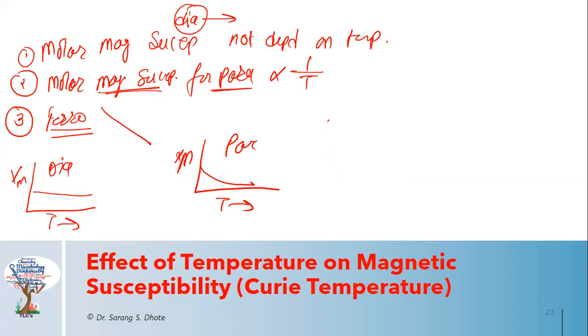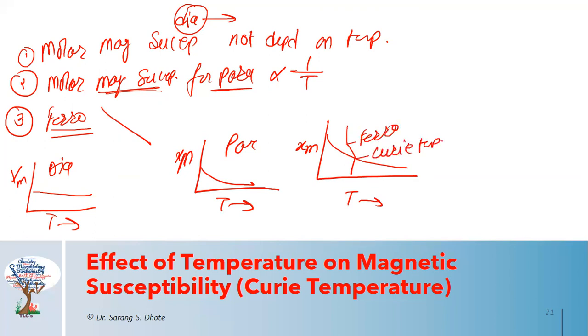But in case of a ferromagnetic substance, see, this is the ferromagnetism, and this is the Curie temperature. This is a ferromagnetic substance. यहाँ पर sharp decrease हो जाएगा. This is a sharp decrease in magnetic susceptibility.